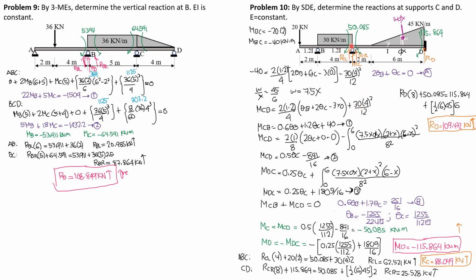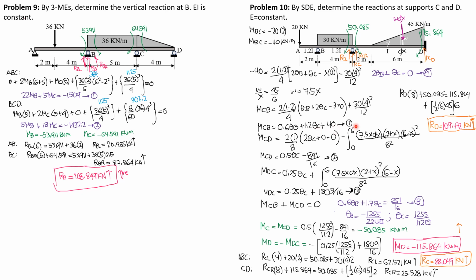Then the fixed moment at C is positive, it is in the right part, WL square over 12, so 34 square over 12.